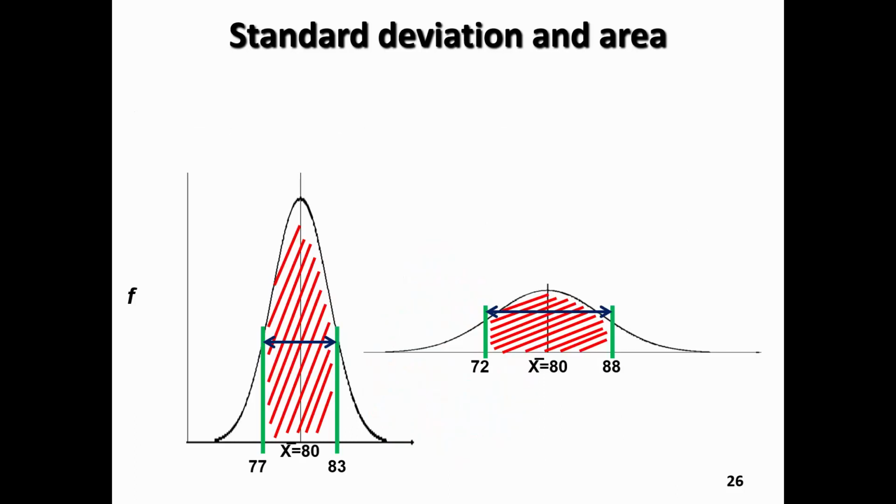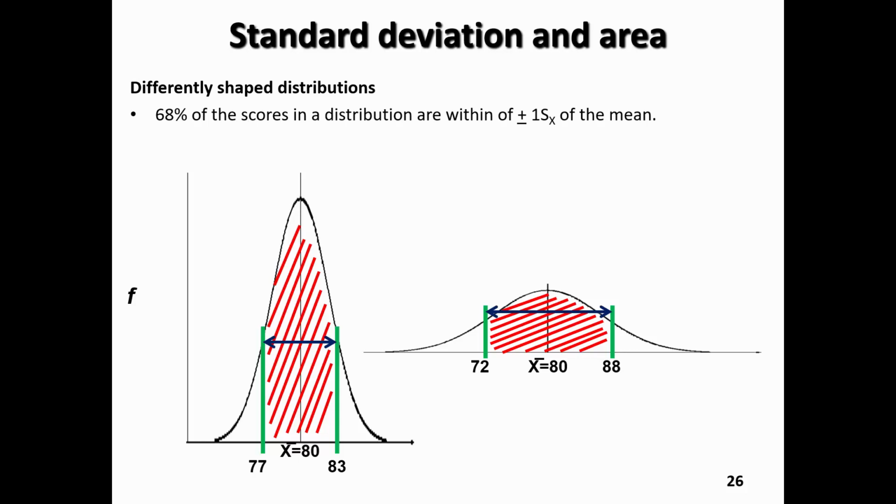Now, the standard deviation is established based upon the approximately 68% of all the scores within a sample or a distribution. However, different shaped distributions can also be described by the standard deviation.